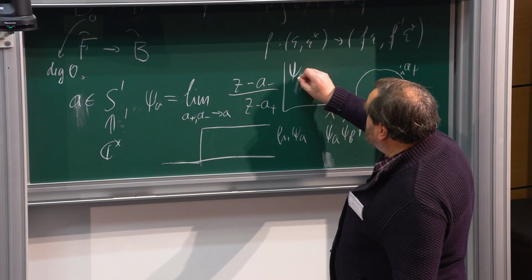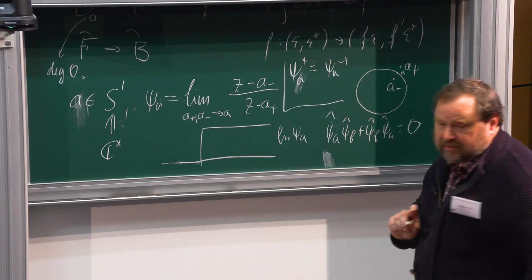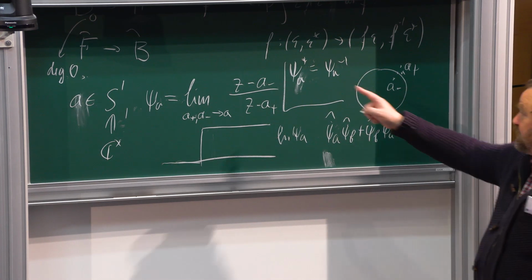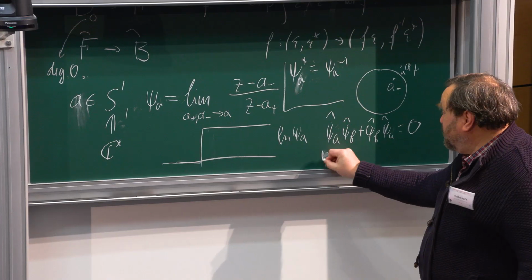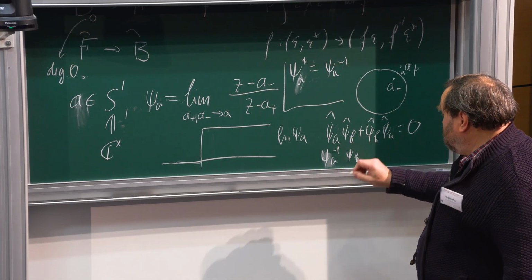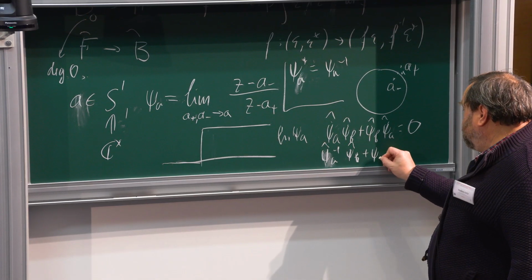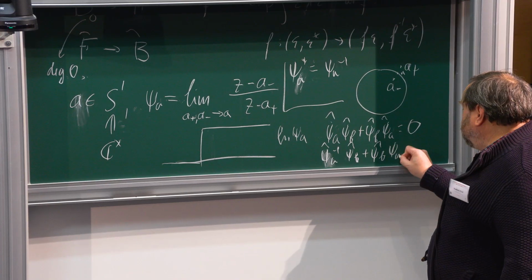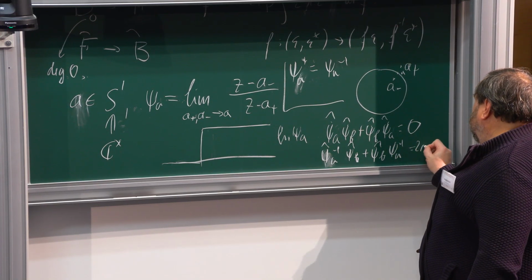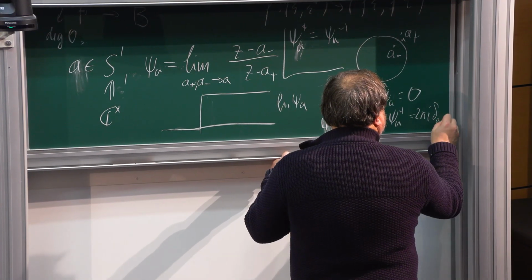Psi a star is just psi a inverse. Very, very simple expression. So you take just an inverse, and psi a inverse, psi b, well, you can write plus psi b psi a inverse equal to 2 pi I delta of a minus b.